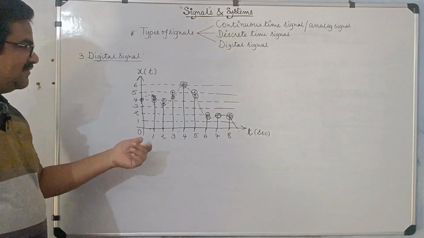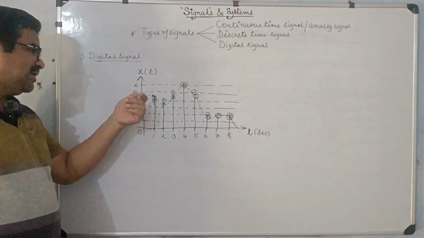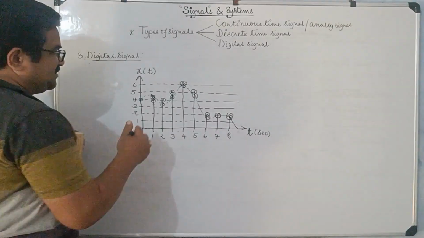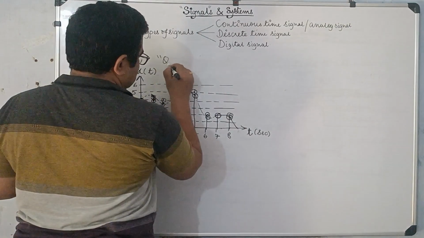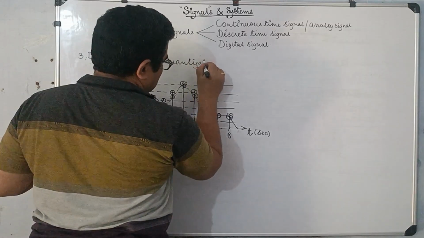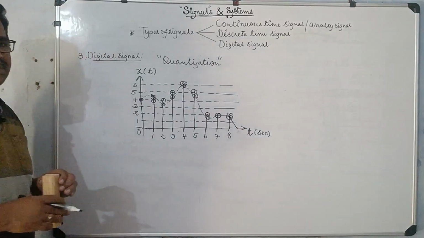Rounding off the amplitudes to the nearest discrete amplitudes is known as quantization. So what is quantization?